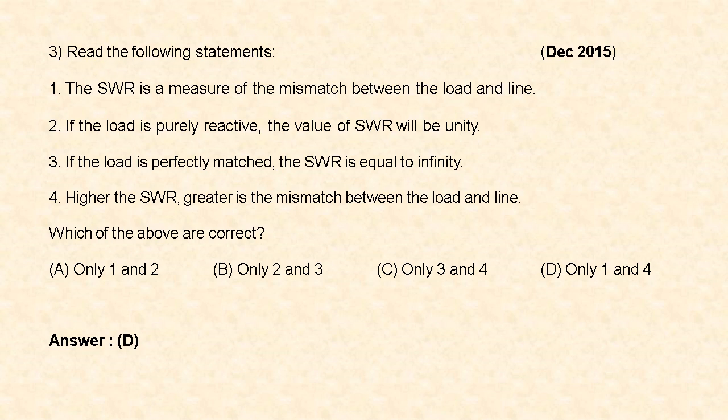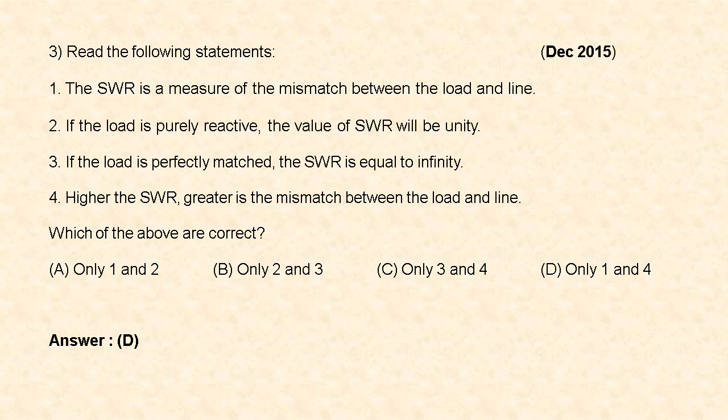We know that the first statement is correct because standing wave ratio is the measure of mismatch between the load and the line. And if you see the second statement, they have given that if the load is purely reactive, the value of standing wave ratio is unity. It is wrong because if the load is reactive, the value of standing wave ratio should be infinity.